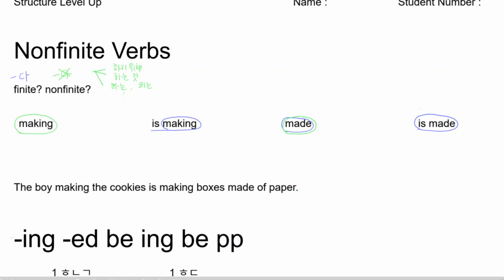So that's why I want you to mark them with green, which is kind of like a toned down version of blue. I want you to mark finite verbs with blue and non-finite verbs with green. Okay.